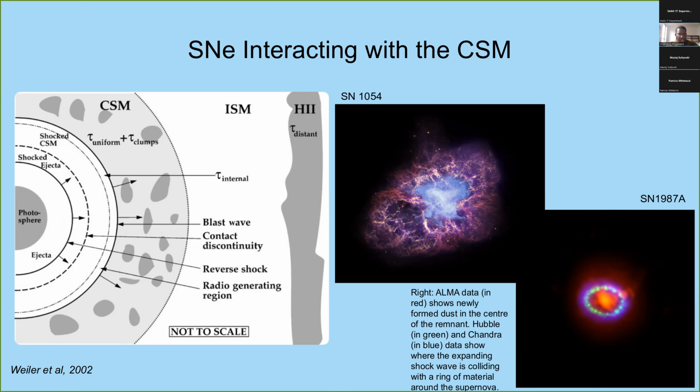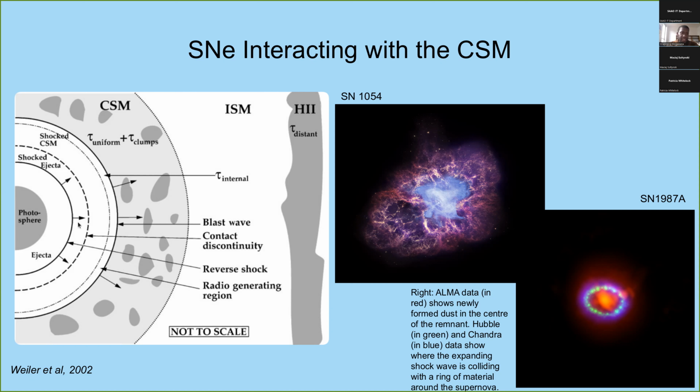And when that interaction happens, you will have an interaction region where you have a forward shock that has been formed, where the densities are high and the material is moving at speeds several times faster than the speed of sound in that medium.